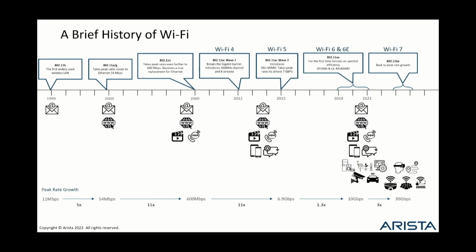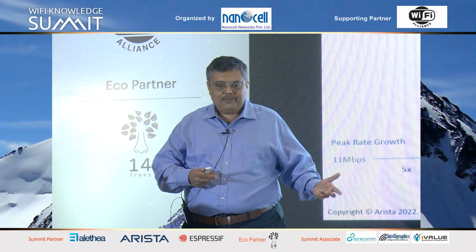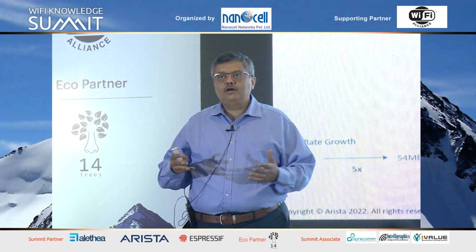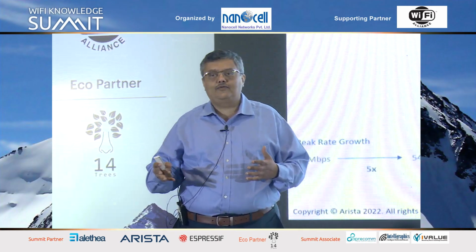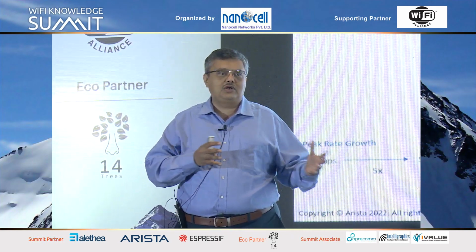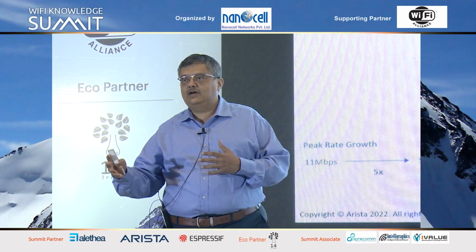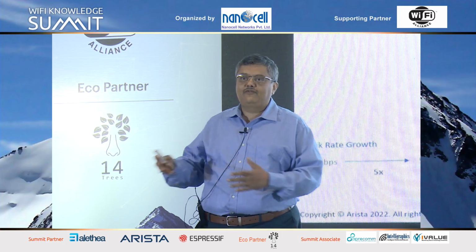So I have this slide as a brief history of Wi-Fi. I don't want to spend too much time on this because you all know about it. One key thing, repeating what Srikanth said yesterday, is that with Wi-Fi 6 people wanted to improve the spectral efficiency of Wi-Fi. Until now, it was always about link speed, link speed, link speed, with a 10x, 11x kind of growth in link speed with every generation.